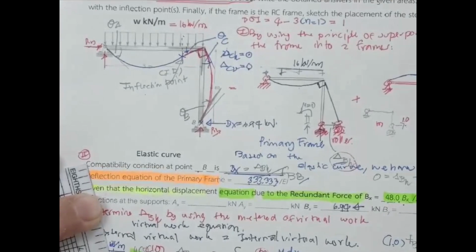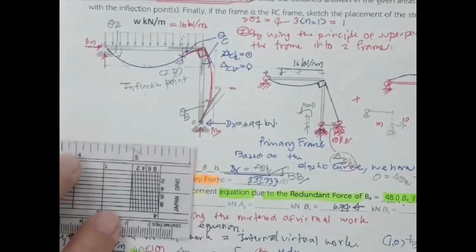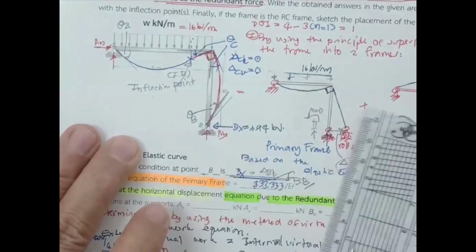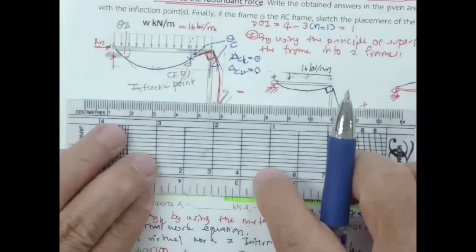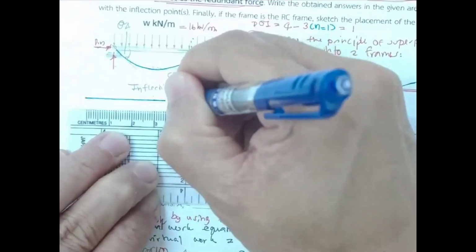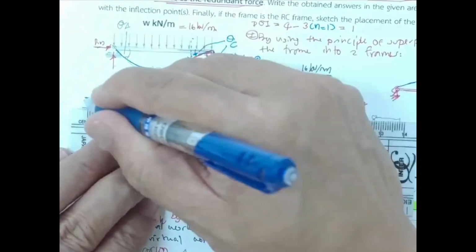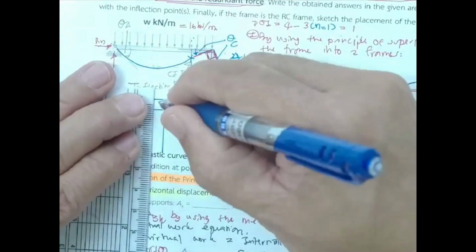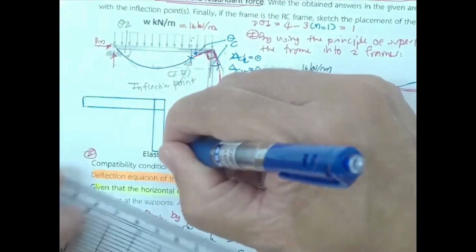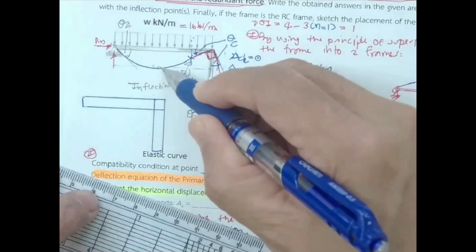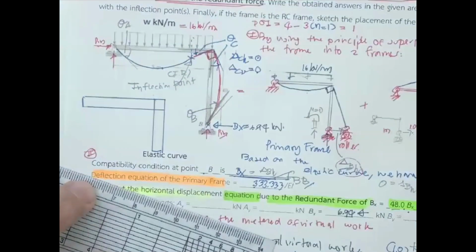Okay, and then you may put the steel reinforcement. Let me just take the area over here. I don't have much area. Let me take this one for the beam and this one for the column. Then you say this is going to be the elastic curve of what? Positive moment, right?